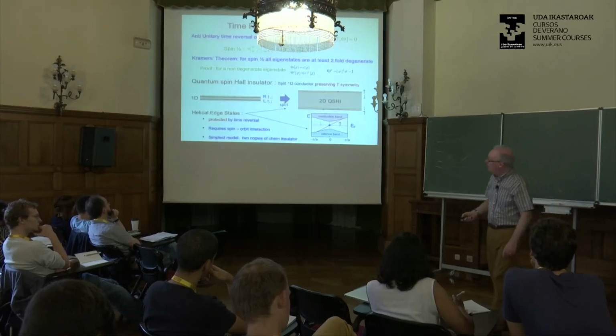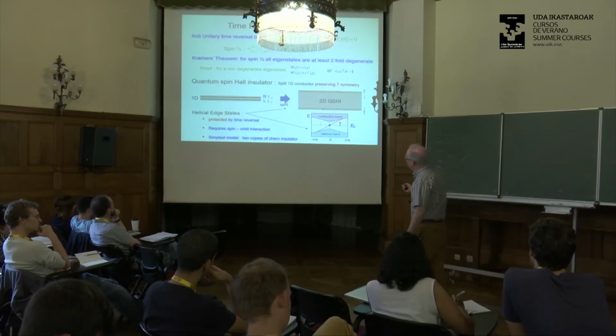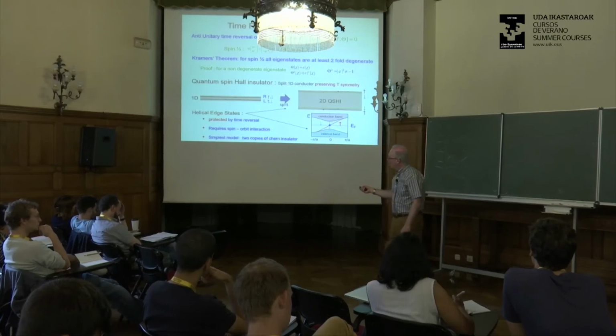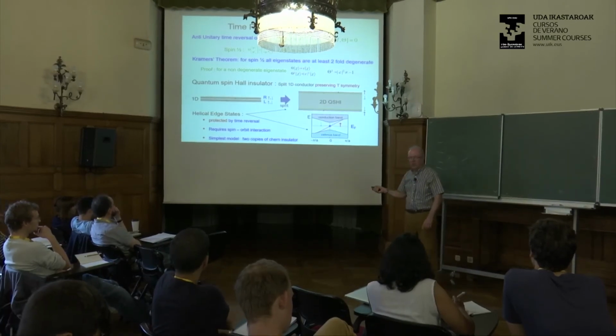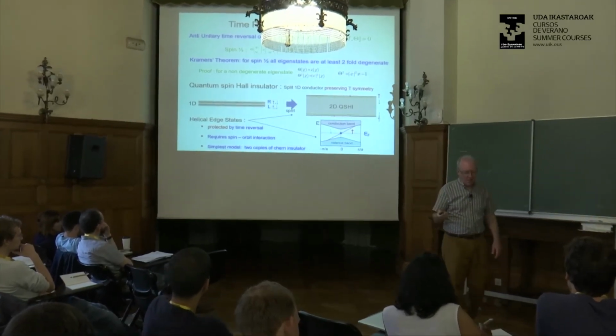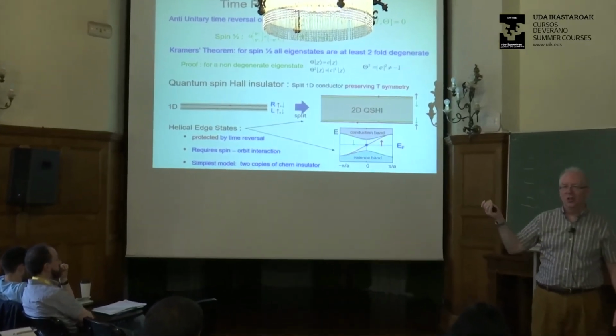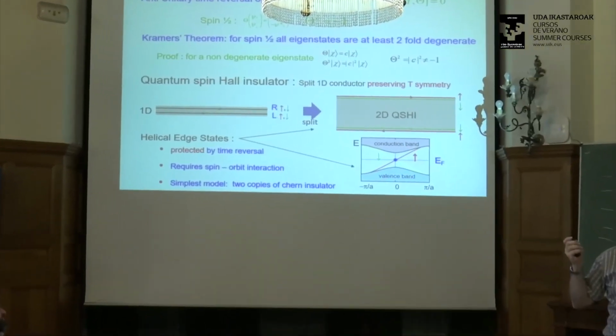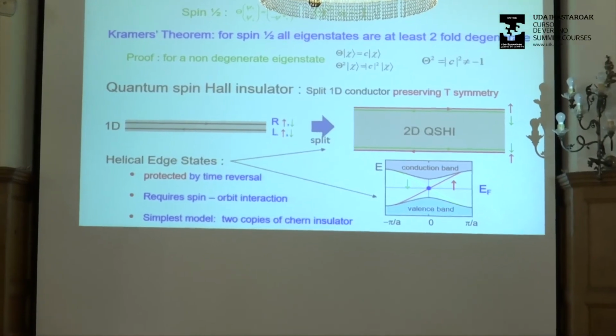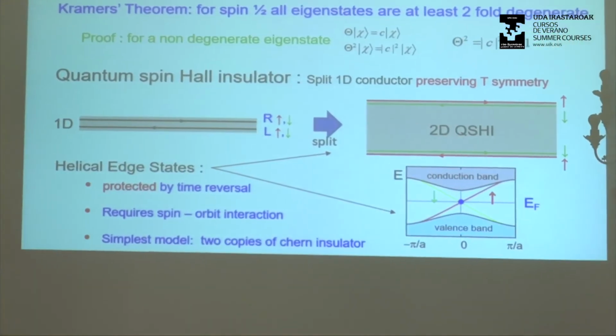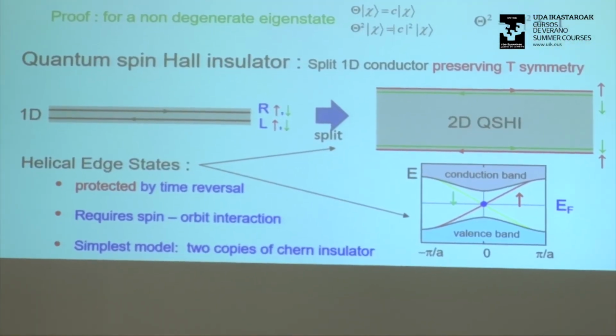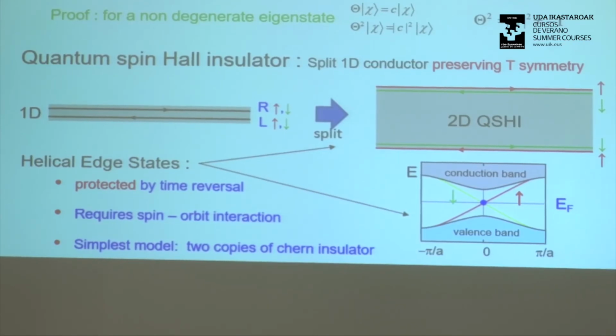Okay. Now, what I want to argue to you, though, is that what this simple picture would suggest is that there should be an integer Chern number, some spin Chern number that describes these topological phases. And so I want to argue that that's actually not the case. Okay. That actually there are only two possibilities. Either you have a trivial insulator or you have a topological insulator.